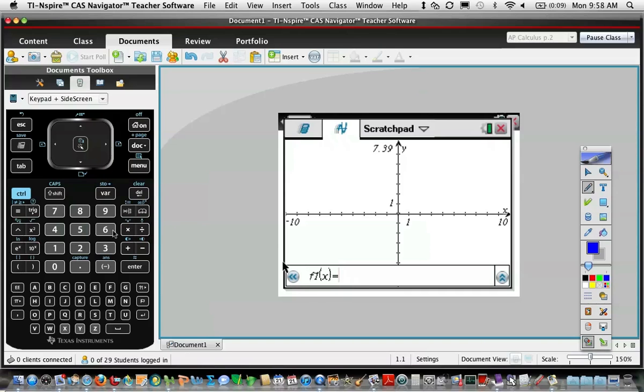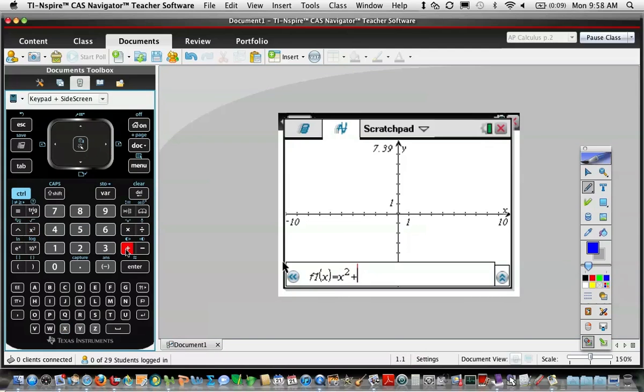So we would come in here and we would graph x squared plus 3. My directions usually say use a table or use a sketch to justify. I'll be real honest, the table is the easiest way to get full credit and to justify the limit.